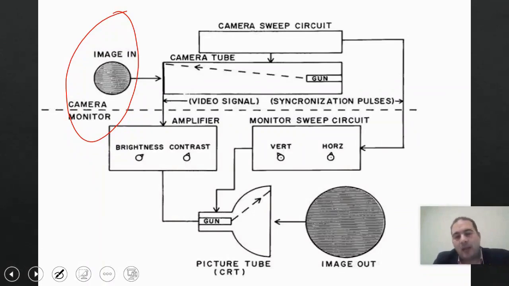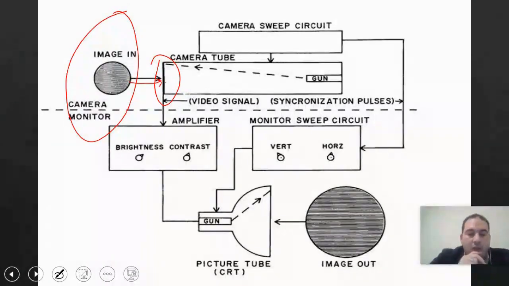or the electronic camera. So what form does it take? In the form of light photons. If these light photons hit the surface of this camera tube, the photocathode will convert this into electrons. Each collision point between the incoming electron from the image will have an electron here.